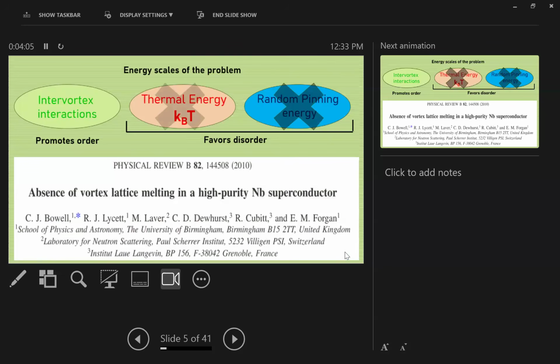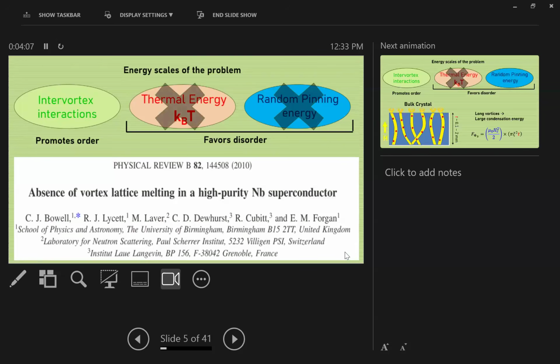Now, if you take a bulk crystal, then this thermal energy is actually insignificant. And if you take a very clean bulk superconductor, a single crystal, where random pinning energy is also very small, then it has been shown that you remain in the Abrikosov vortex lattice, nice order, all the way up to Hc2. There is no order-disorder transition at all.